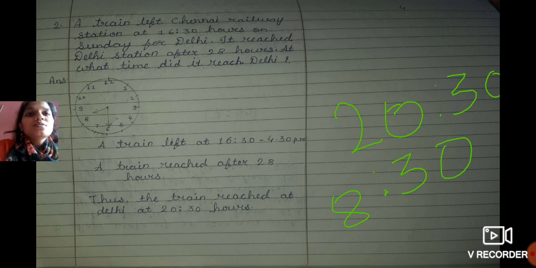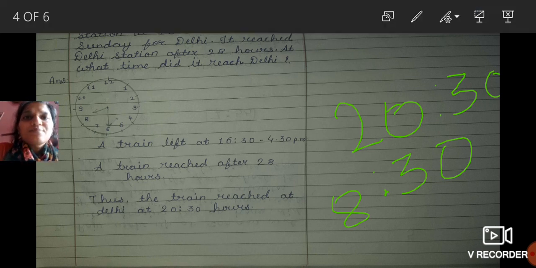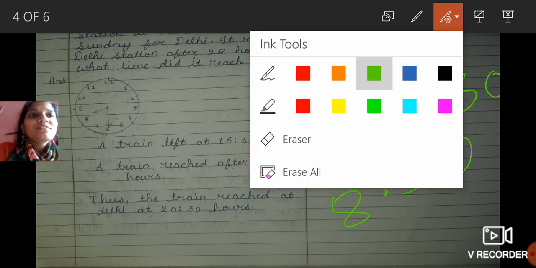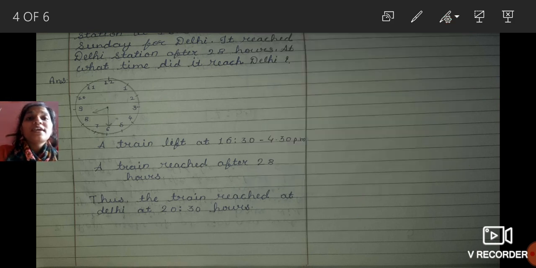Okay, so like this we are going to solve the example. This example we have seen during the lesson. I hope you all have understood the example, but if you have any doubt, you can ask me. Here we can see that the train is taking 28 hours.